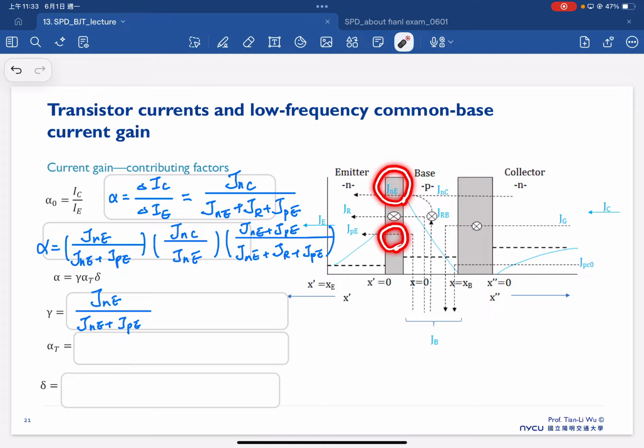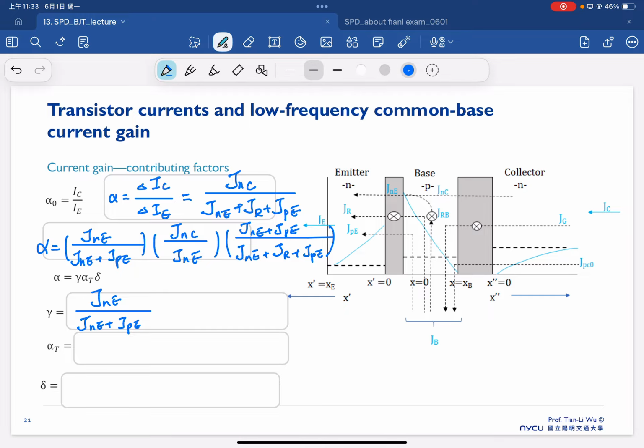So basically, this is a term to describe the electrons from the emitter to base over the total carriers in here. For the total carriers, you need to consider electrons and holes. So we consider the electrons injected over the electrons plus the holes here. Therefore, we call this the emitter injection efficiency.